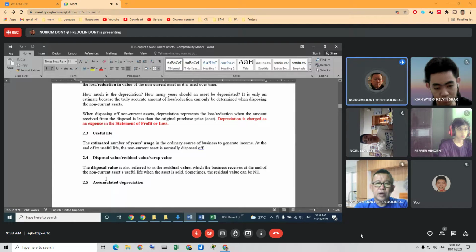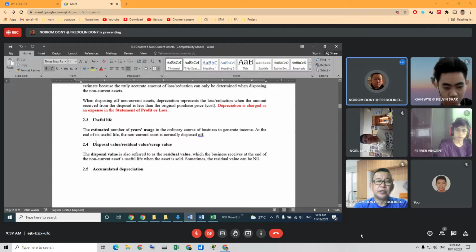That's why the disposal value is sometimes zero at the end of useful life. Okay, that is a possibility. Normally the disposal value is also an estimate; when the actual situation happens, like the end of useful life, then you can know the exact amount of disposal value.